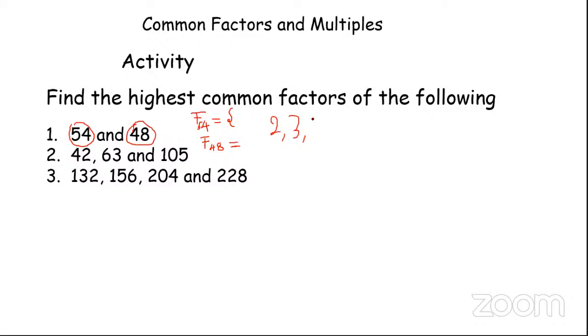So no, you say it once. If it is appearing 2 times, we write it once. Okay. My answer is 3. The highest common factor is 3. Yeah, your answer is 3.